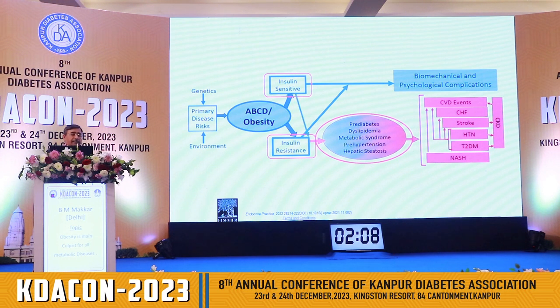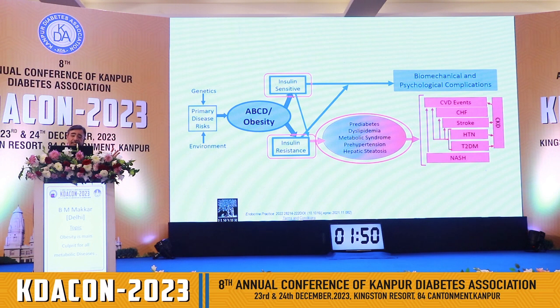The people who are insulin sensitive, again, during the course of life become insulin resistant and are exposed to development of these risk factors. Now, those who are insulin sensitive, again, have the risk of developing biomechanical and psychological complications.